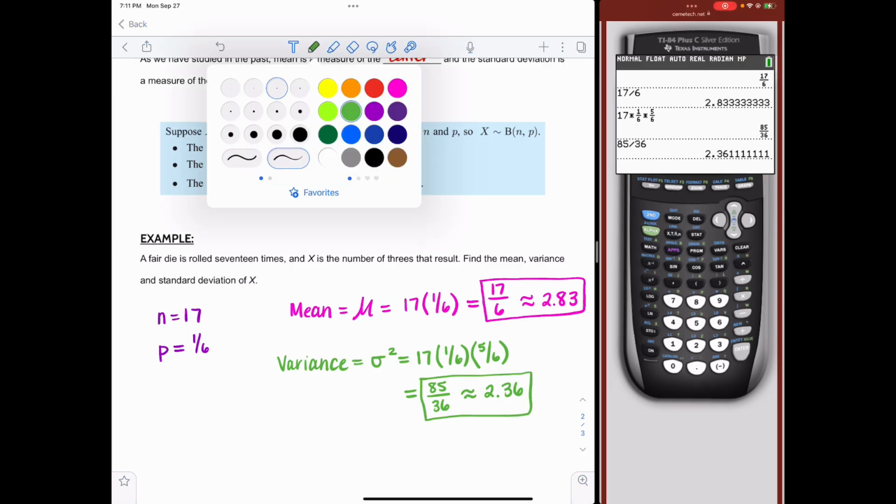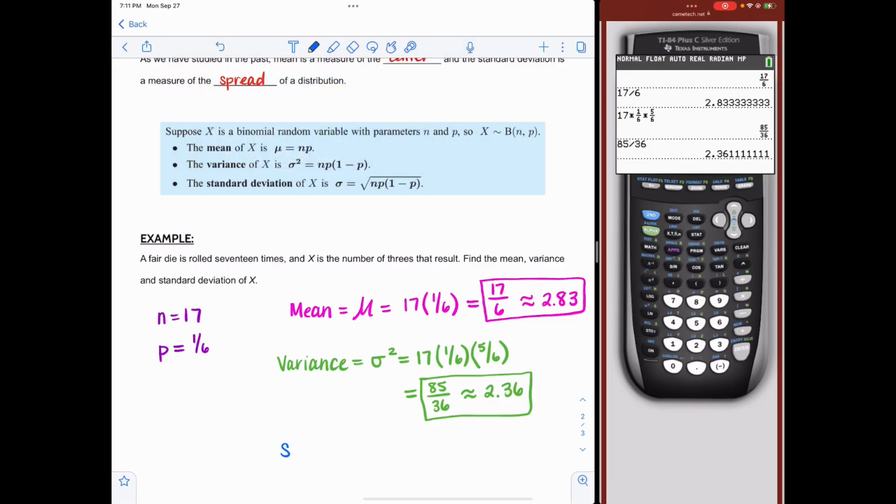And then last but not least, the standard deviation is the square root of your variance. So this is equal to sigma, which is equal to the square root of 85 divided by 36.